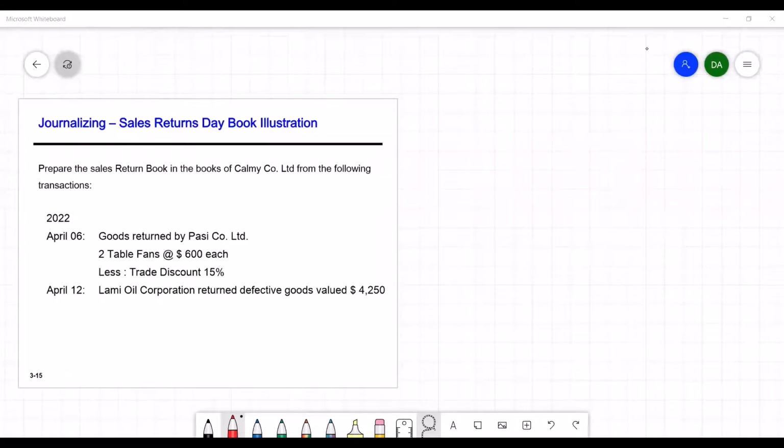Let us solve this question to illustrate this concept. The question reads: prepare the sales return book in the books of Calmi Company Limited from the following transactions.